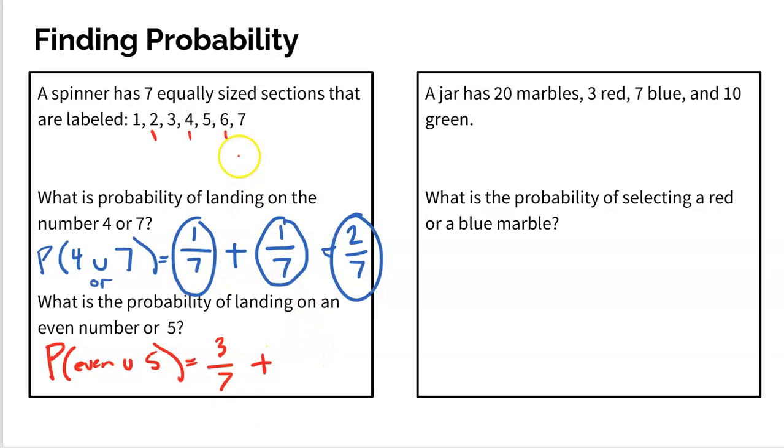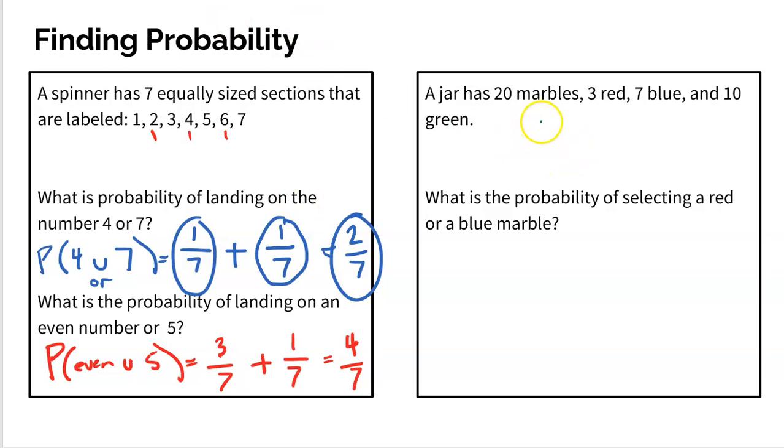Or getting a 5, well, that would be 1 out of 7. 1 out of 7 numbers are 5. Add those together. Once again, they're mutually exclusive, so add them together. I get 4 out of 7. So out of the 7 total outcomes, 4 of them are going to make me happy because they're either an even number, 2, 4, 6, or the number 5. Pretty simple, pretty easy to do.